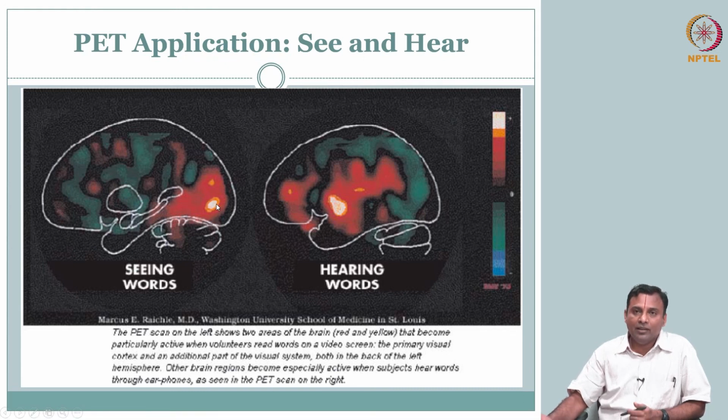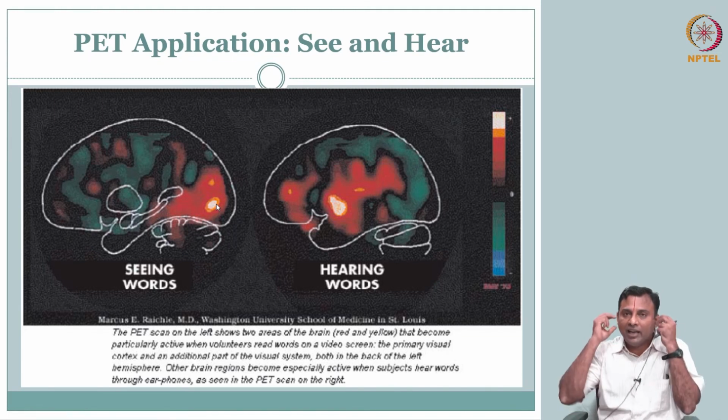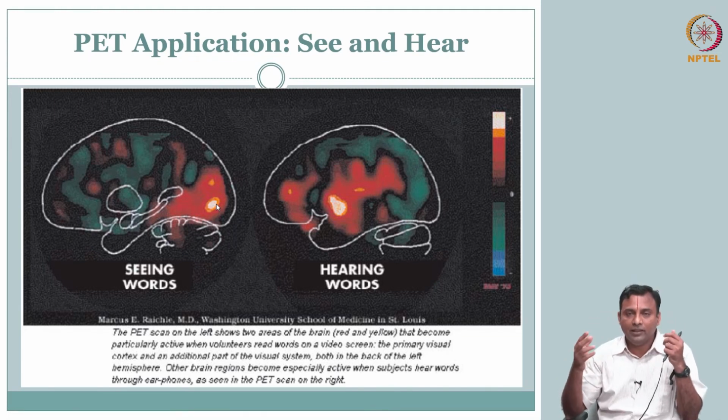Whereas the same content, if they are asked to hear through an earphone, they are not seeing, but they are hearing, a different part of the brain is getting active. So this is a cool image. It is borrowed from here, but the idea is functional imaging, we said what are the insights that we can get here.